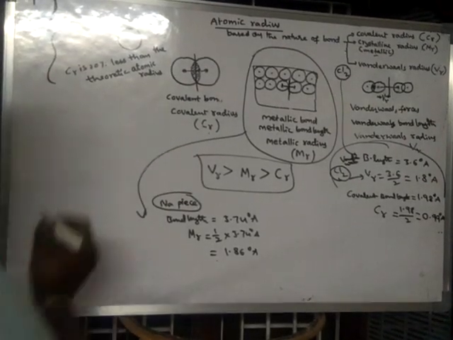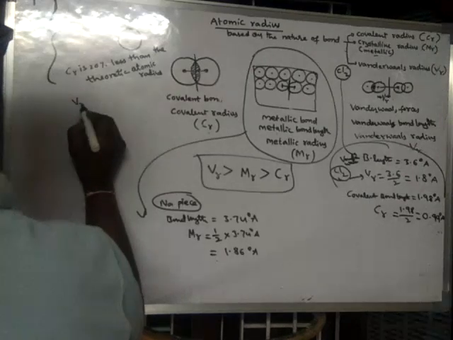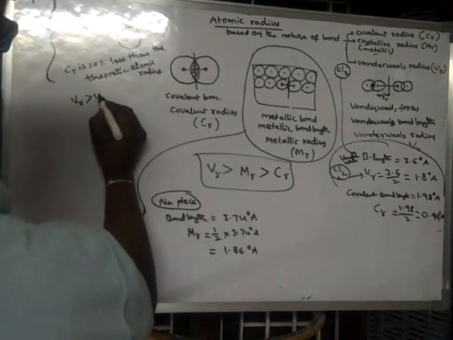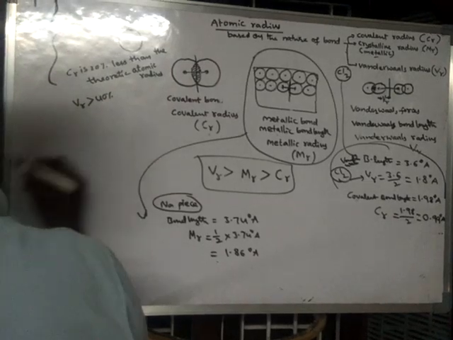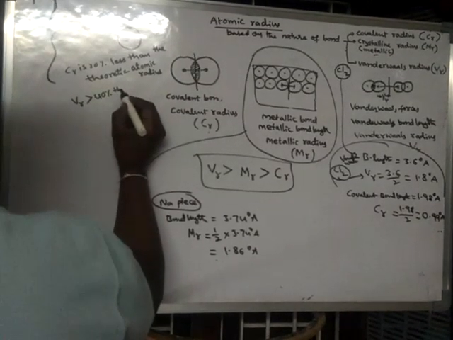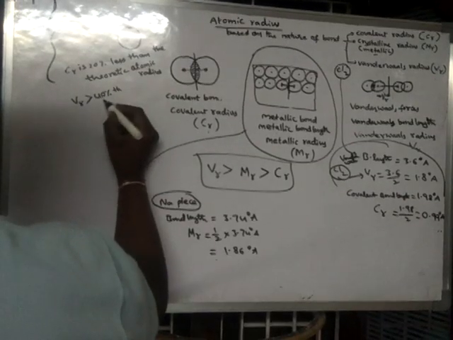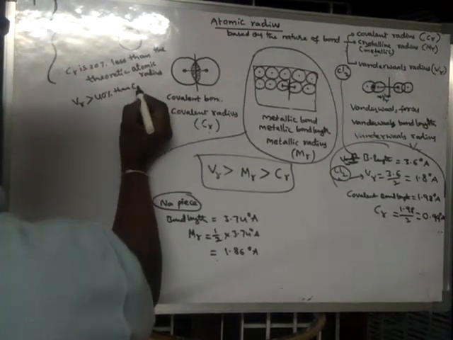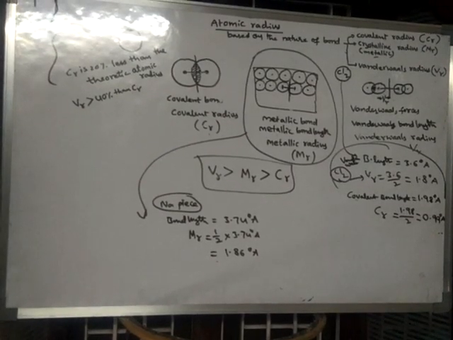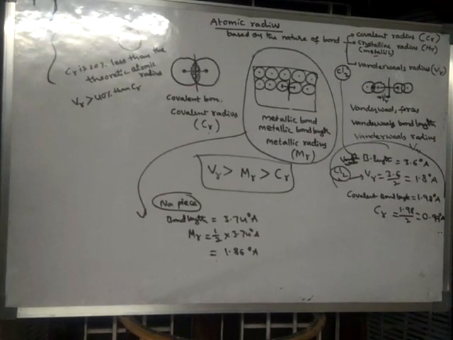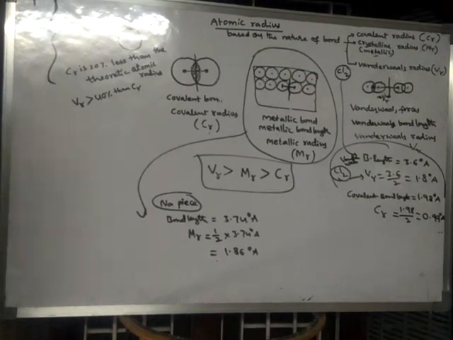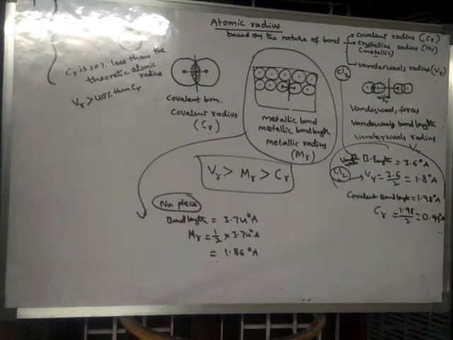Okay, and the van der Waals radius is how much? It is 40% greater than what? Covalent radius. So in this way, atomic radius is of three types based on the type of bond between the atoms.